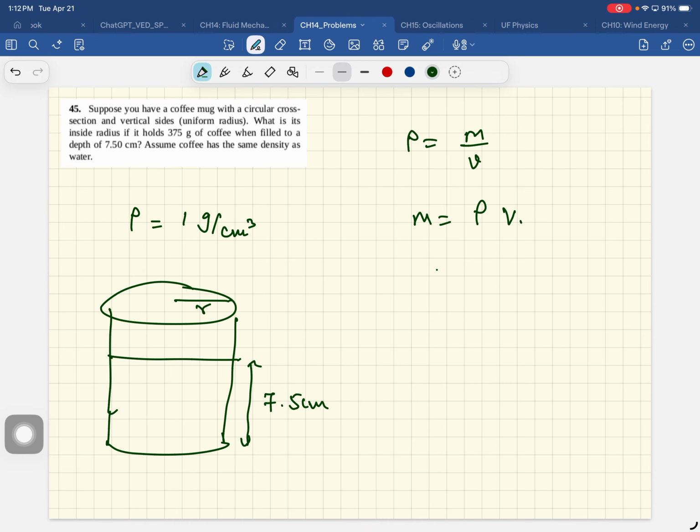So the initial density is the mass divided by the initial volume, and the final density is the mass, which is the same, divided by the final volume.